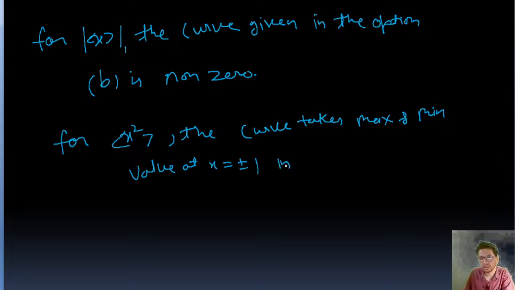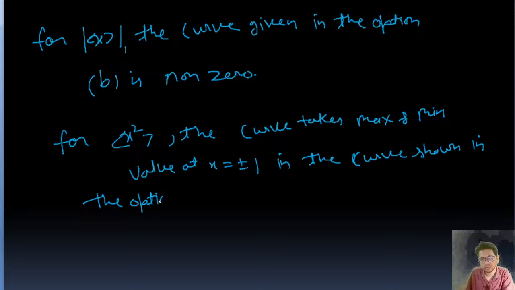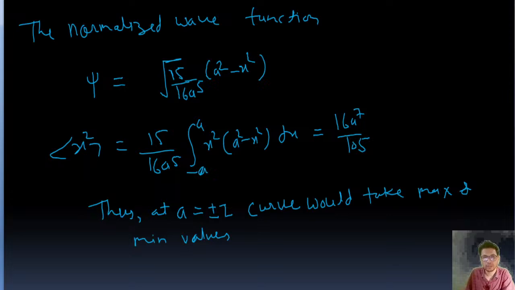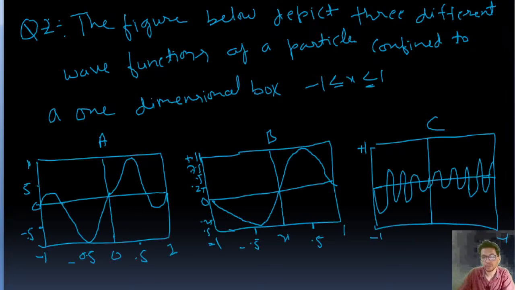The curve shown in option C: for this curve, the mod of the expectation value of x is going to be non-zero, and for this curve it takes maximum and minimum values.